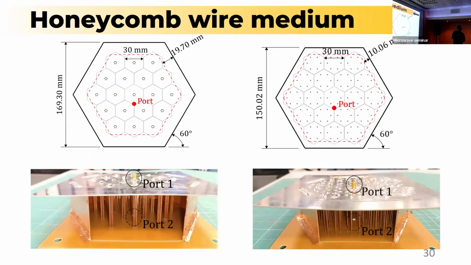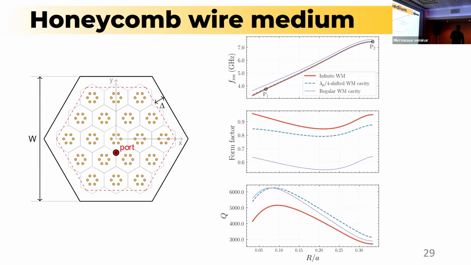Jim, I have a question about the previous slide. It's interesting that adding a lambda/4 air gap affects the form factor, and the form factor is better than in the regular lattice without air gap. But the Q factor is bigger than in the case of the regular lattice and infinite wire medium.